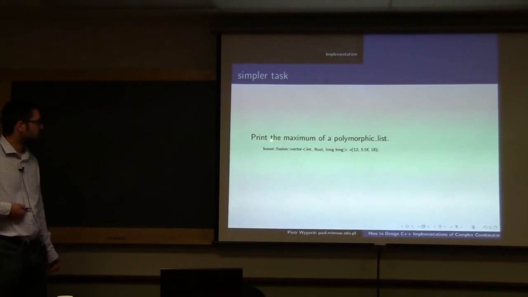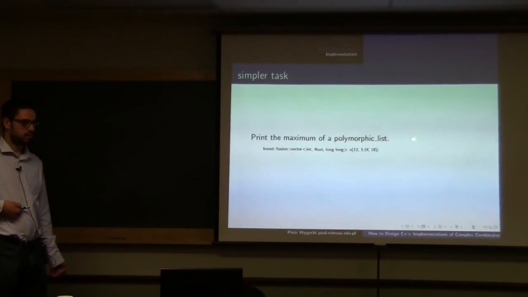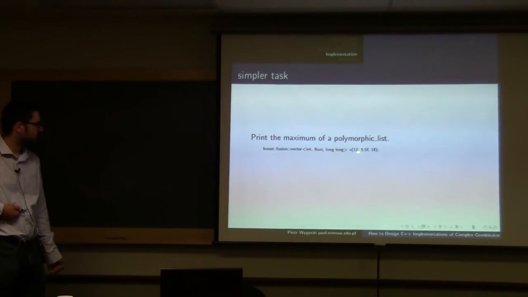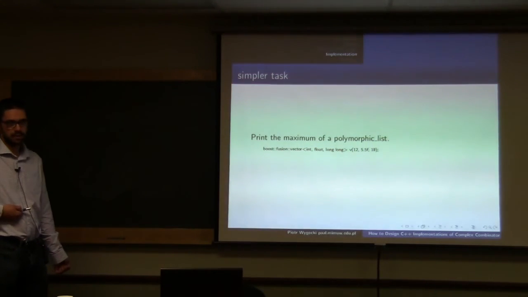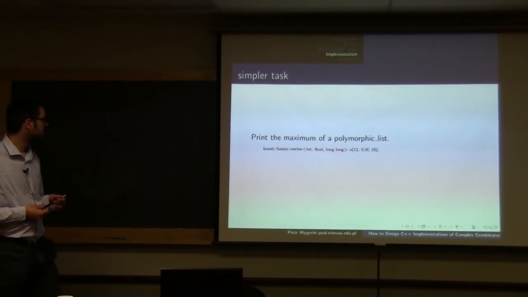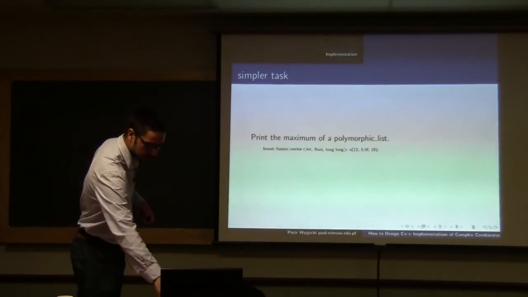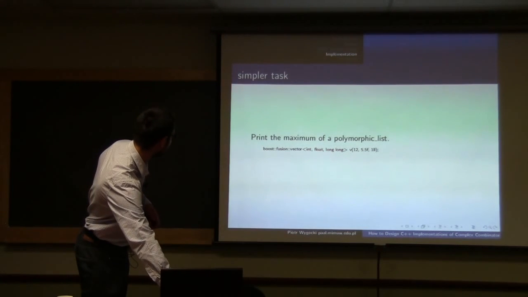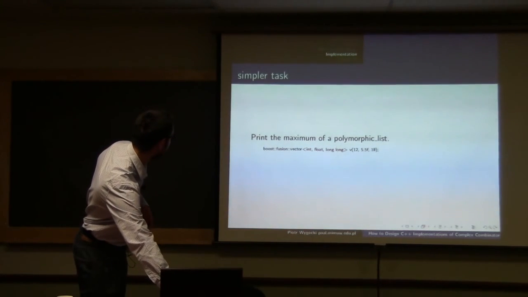So now we are going to focus on a very, very easy problem. We've got a list consisting of three elements. They are of different types, and we would like to print the maximum of this list. And how to do this?